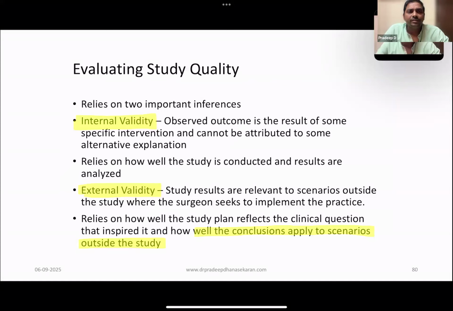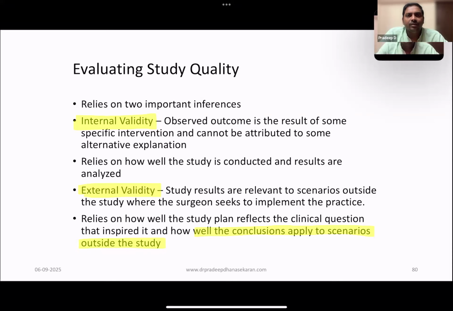Then moving on to evaluating study quality. We all say that it's a well-conducted study or not well-conducted study. For that, you need to have a validity report. That relies on two important inferences: one is the internal validity, another is the external validity of the study. In simple words, internal validity relies on how well the study is conducted and the results are analyzed, that is, whether any cook-up has been done or whether the result is acceptable.